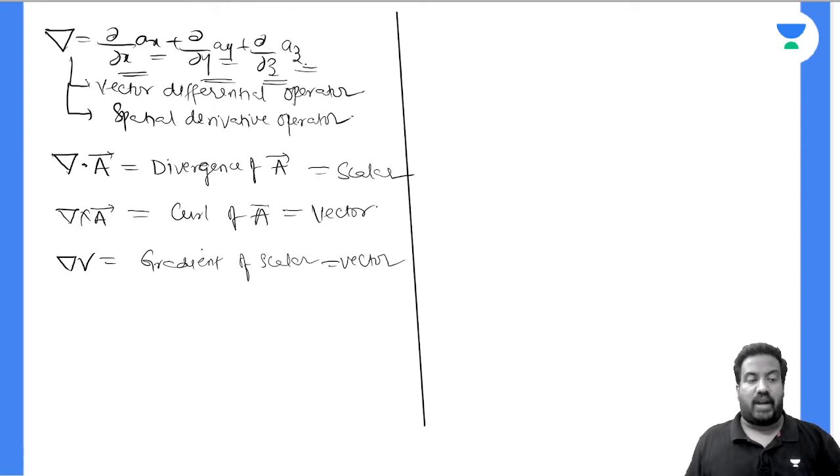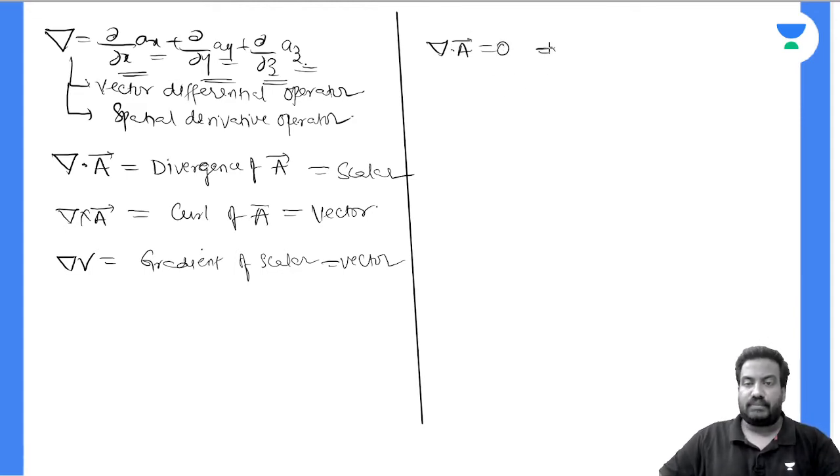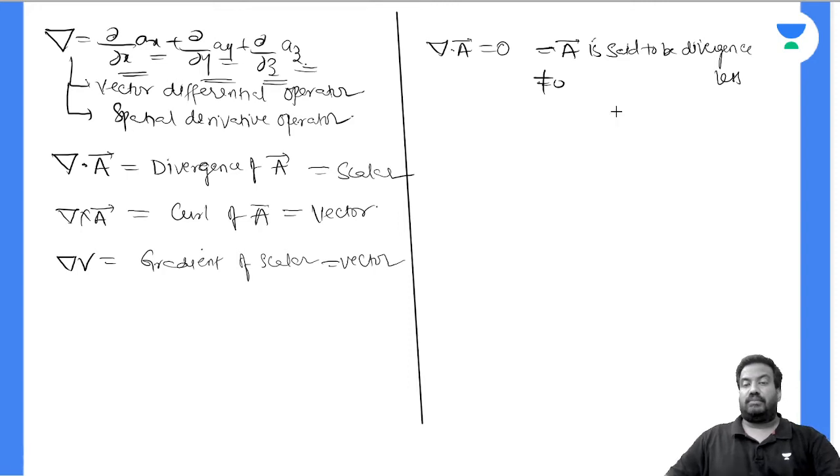We have seen del dot A now. When this del dot A is equal to 0, then A is said to be divergence-less. Del dot A is not equal to 0, it has definite divergence.